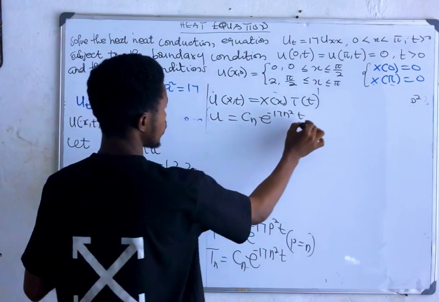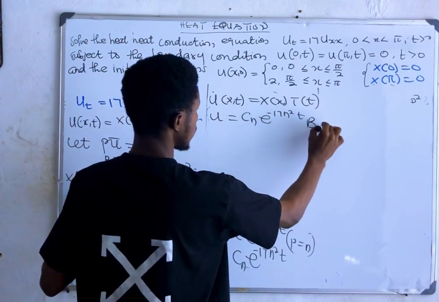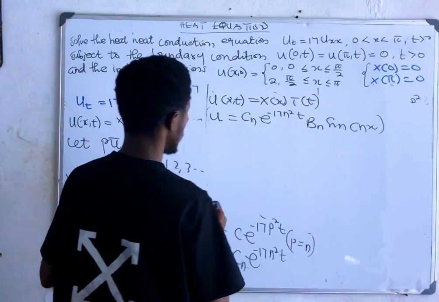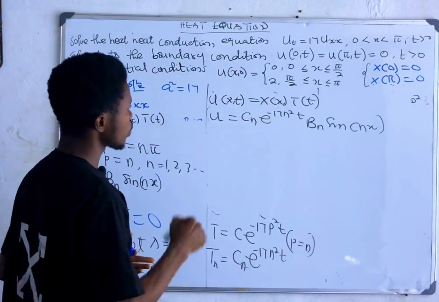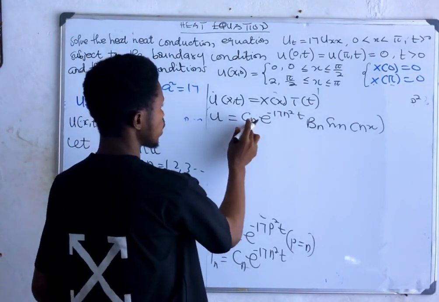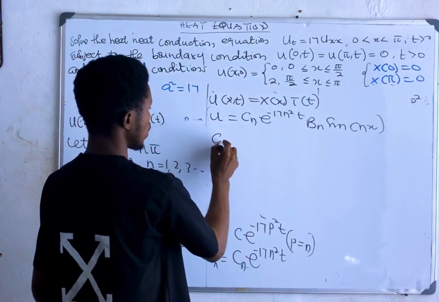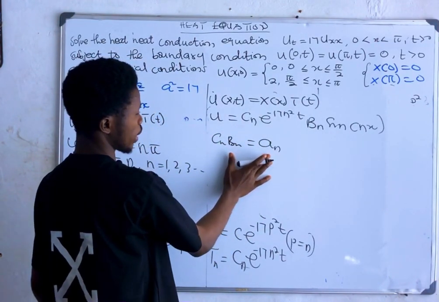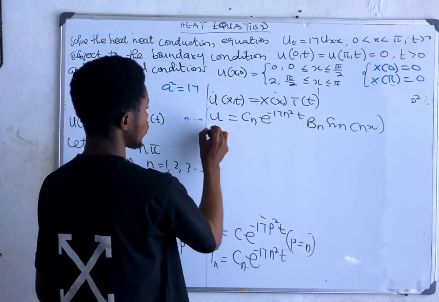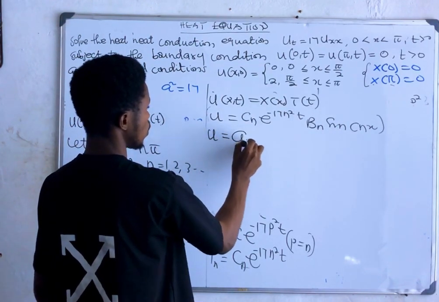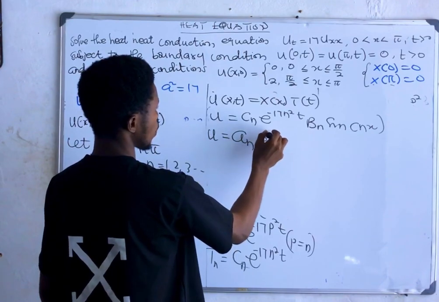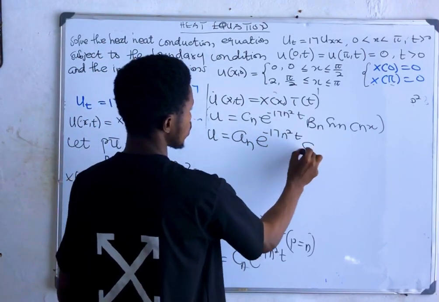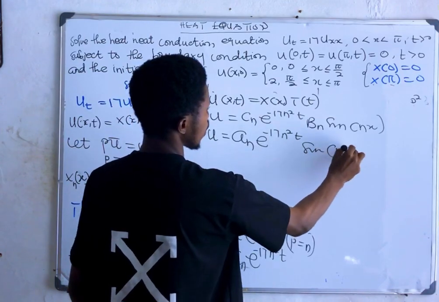Then this one is bn sine nx. So this is what you're going to get. Now this cn, the bn, cn, bn, they are all constants, so let's represent it by an. Is that okay? So I'm going to have u equals an e to the power negative 17 n squared t sine nx.